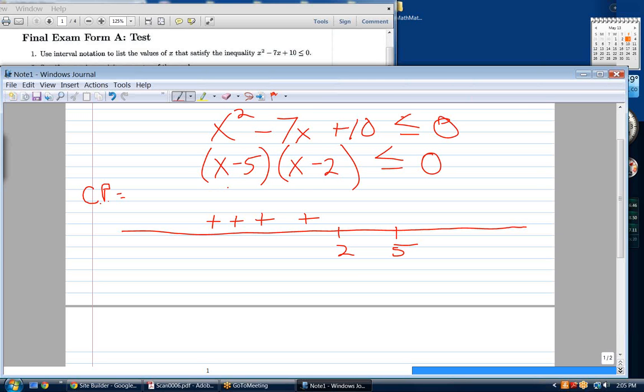Okay. 3 gives a negative there, positive there. The product of that is a negative. So anything between 2 and 5 is negative. And a number to the right of 5, like 6, produces positive, positive.